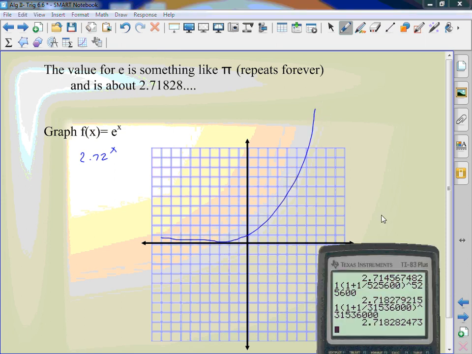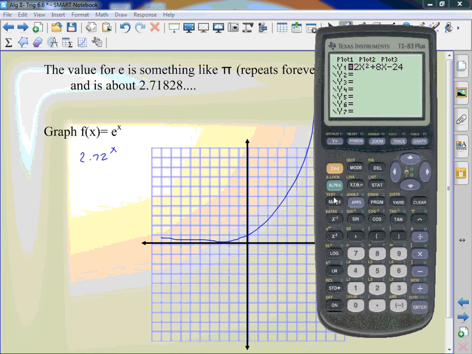Now on the calculator, E, you know where the log's at now. Right below log, you see ln. Second ln is the E to the x. When I graph, there's your graph, just like Rochelle said.